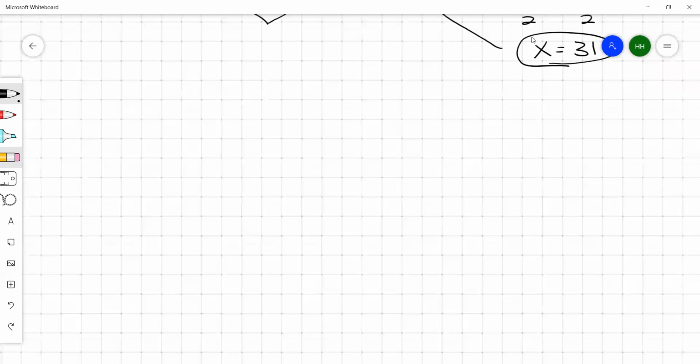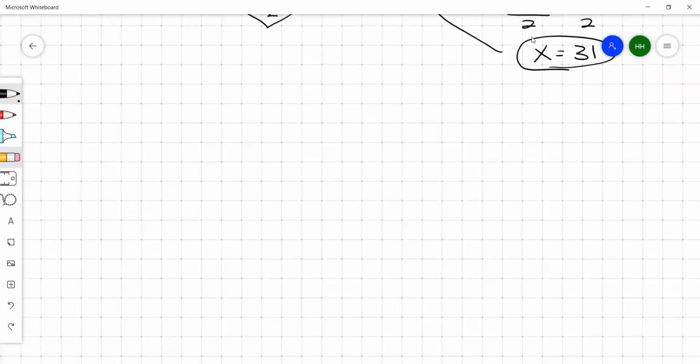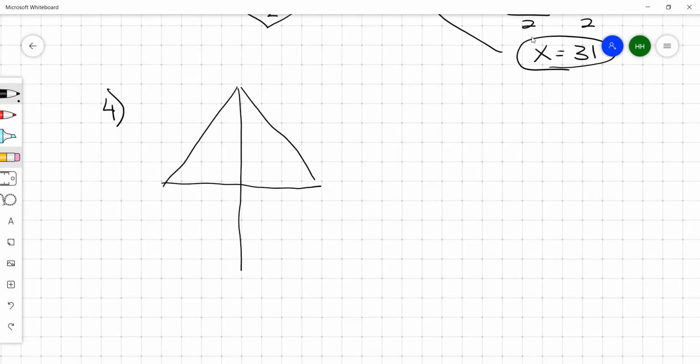Problem number 4, find the measure of the numbered angles in the rhombus. Terrible looking rhombus, but you've already got one on your paper. So if this in here is 19, and this is angle 1, 3, and 2.